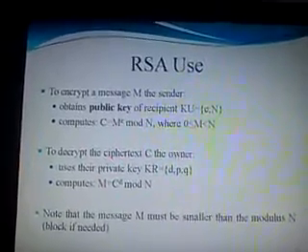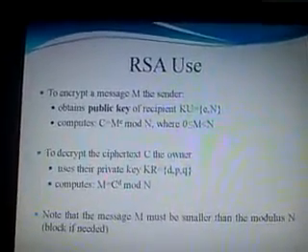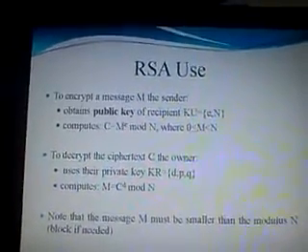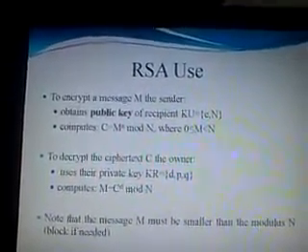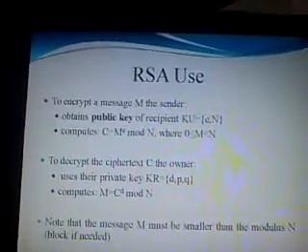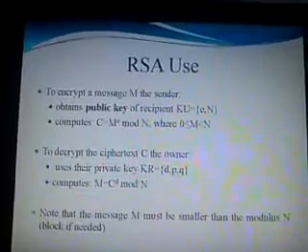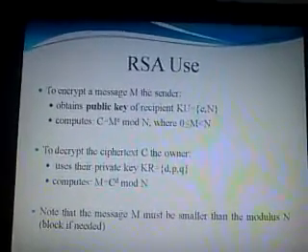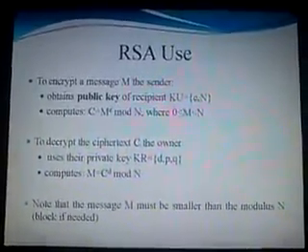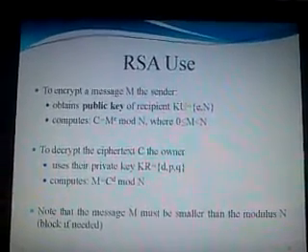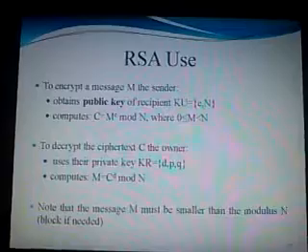To decrypt the ciphertext c, the owner uses their private key KR equals d comma p comma q, and computes m equals c power d mod n. Note that the message m must be smaller than the modulus n.